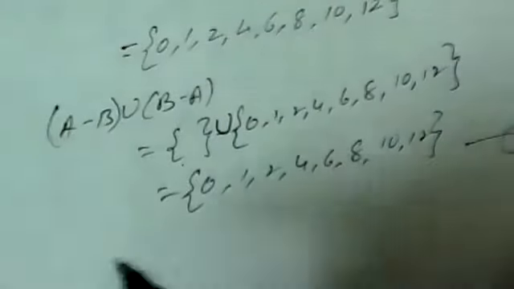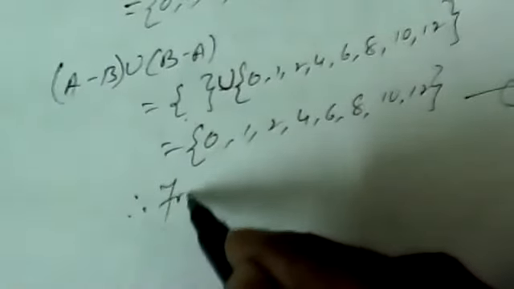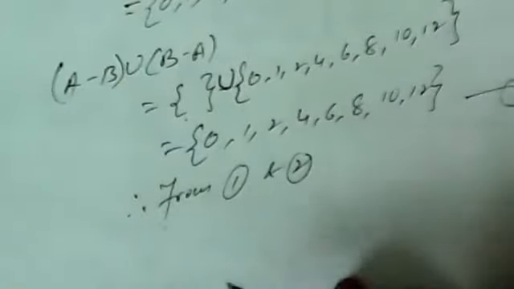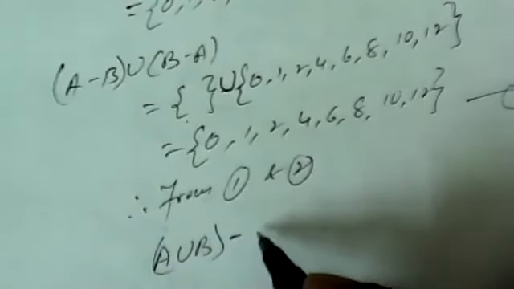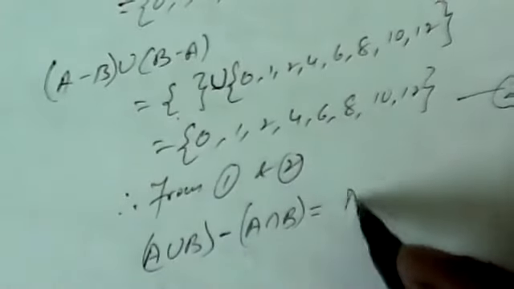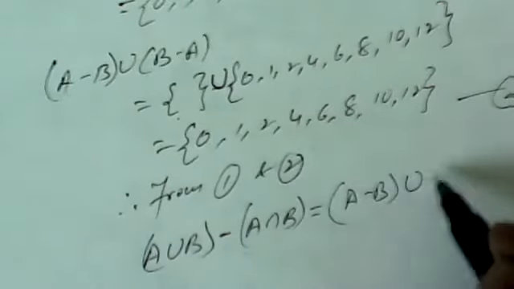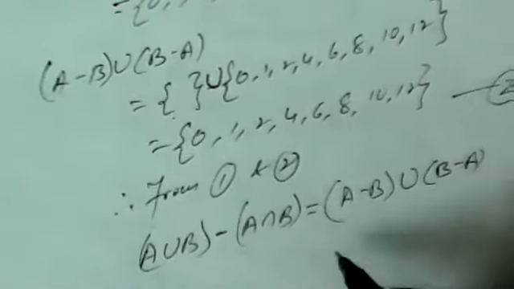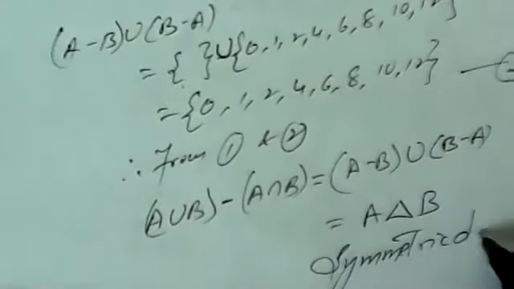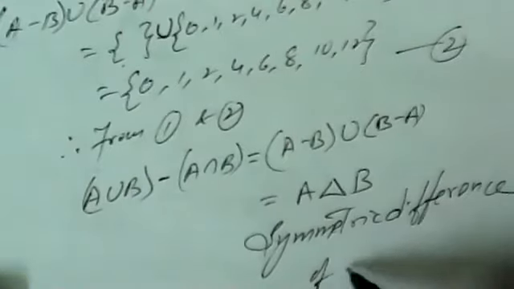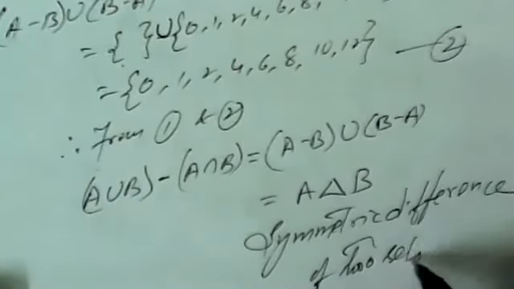So from 1 and 2, we can say that A union B minus A intersection B is equal to A minus B union B minus A. And this is also called the symmetric difference A delta B, the symmetric difference of two sets A and B here.